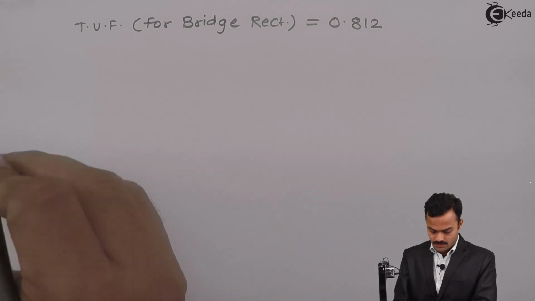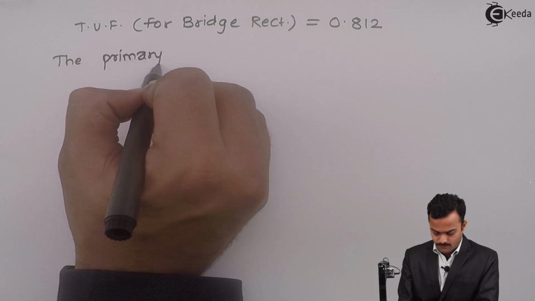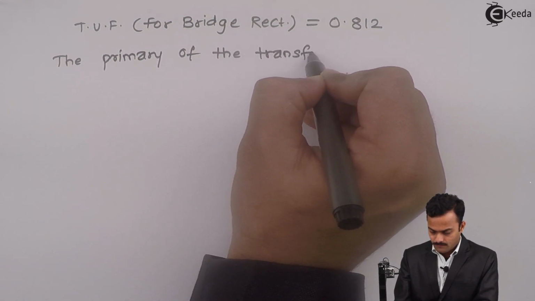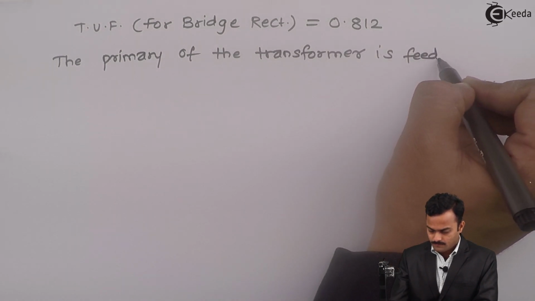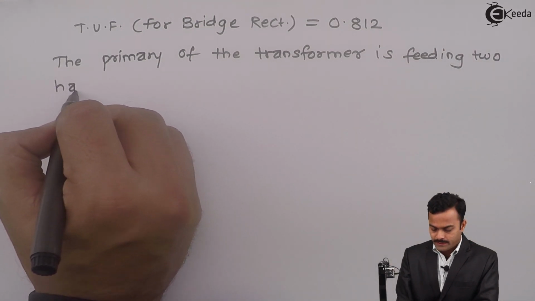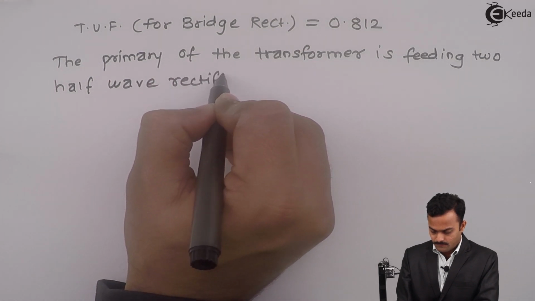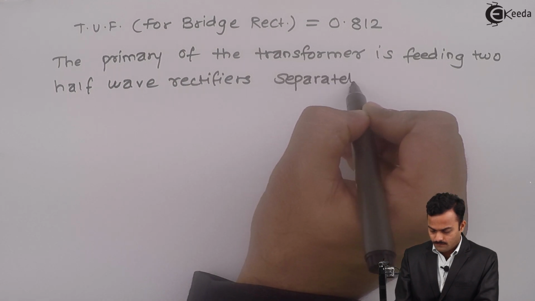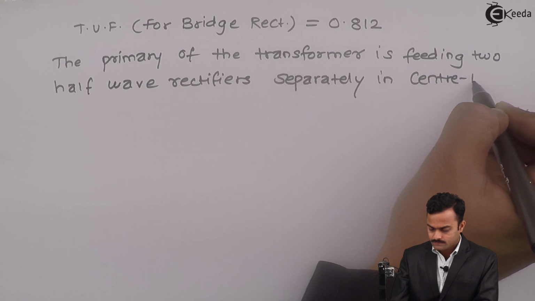Why? Because the primary of the transformer is feeding two half wave rectifiers separately in center tap full wave rectifier.